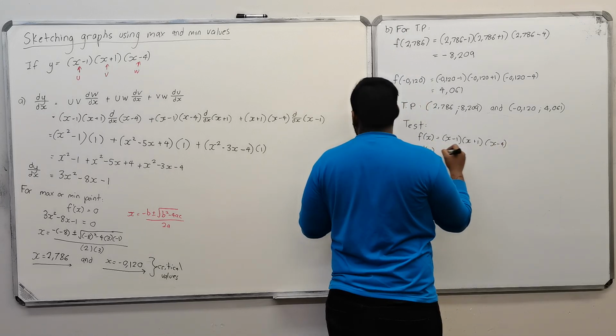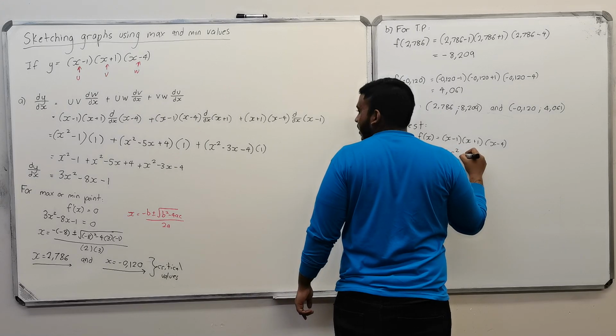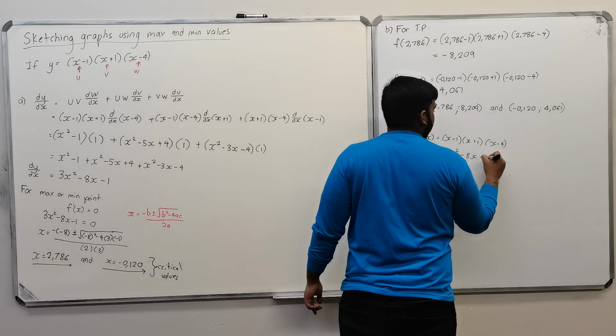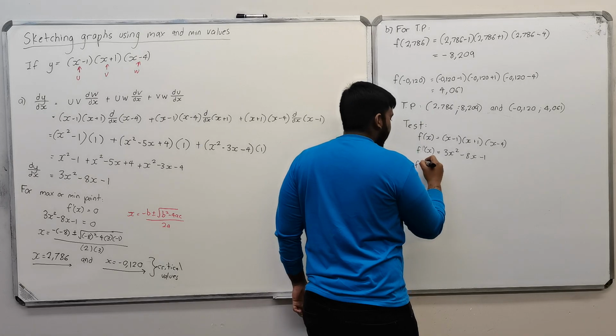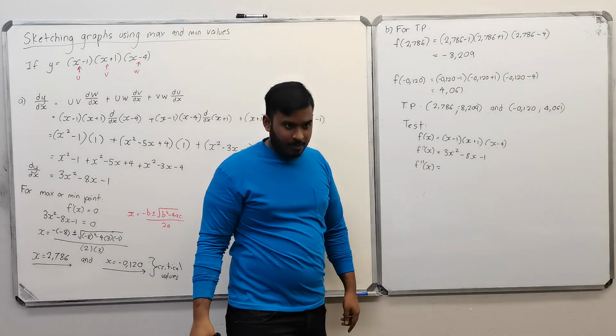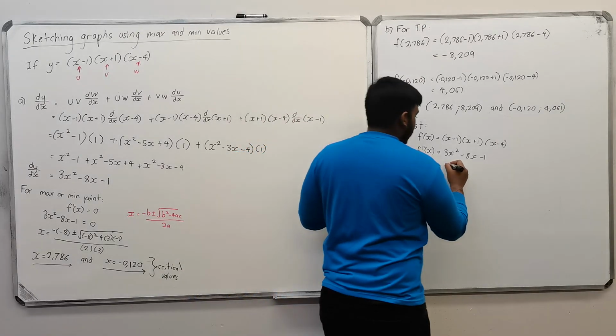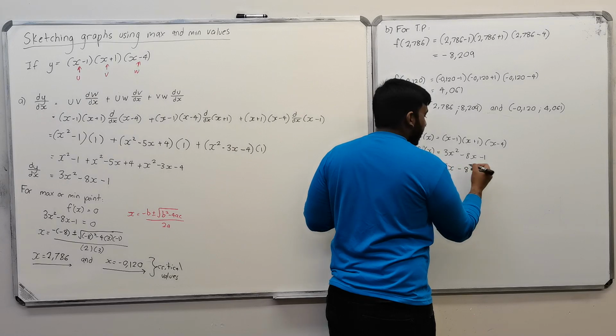First derivative was equal to 3x squared minus 8x minus 1. So your second derivative would be what? 6x minus 8. Okay, so it's going to be 6x minus 8.